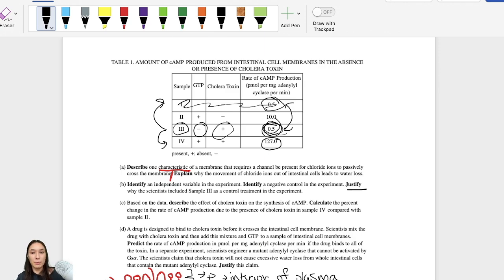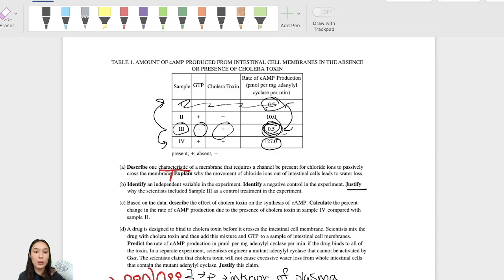It's the same thing that goes for number 2 as to why. So in terms of what I would write down for these, you can use sample 3 as a control. It allows you to compare cAMP production, so our dependent variable, with that of samples that have cholera and GTP. So you can compare 3 with 4.